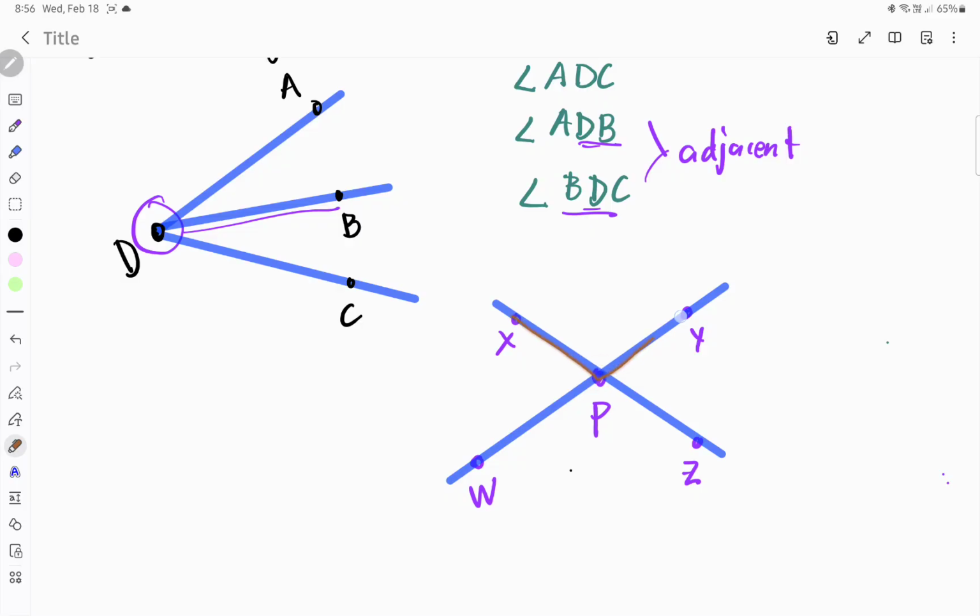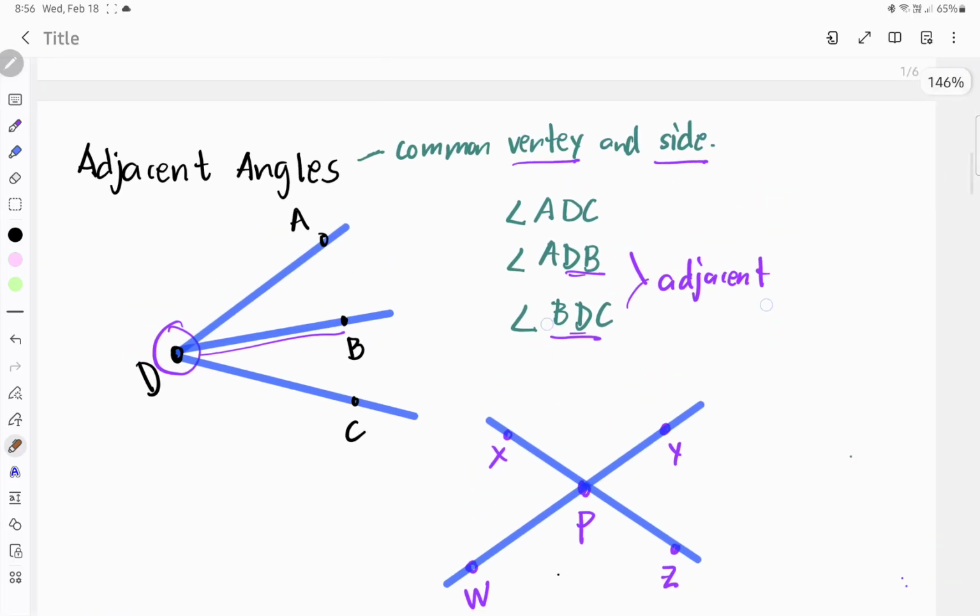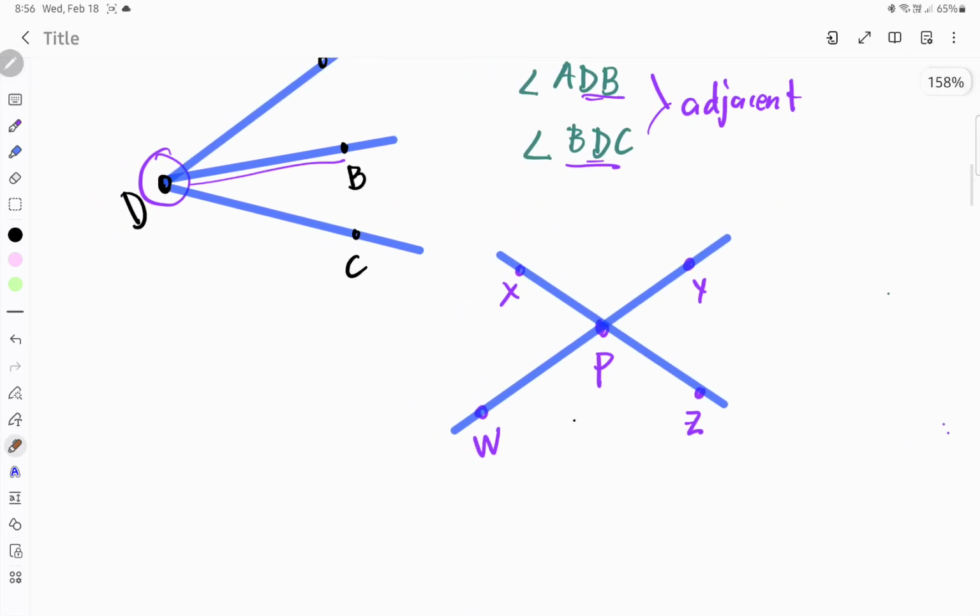However, angle XPY and angle WPZ are non-adjacent. Why? Because they only have a common vertex but not a common side.